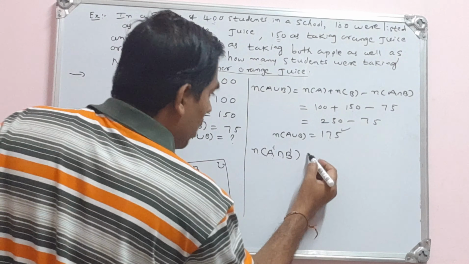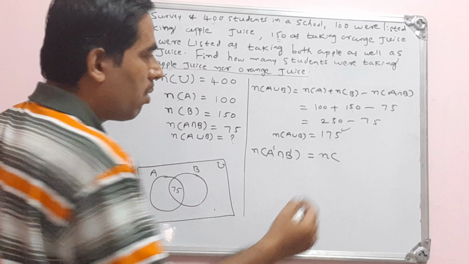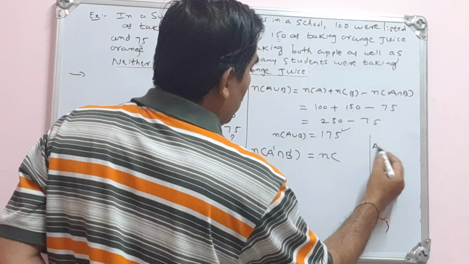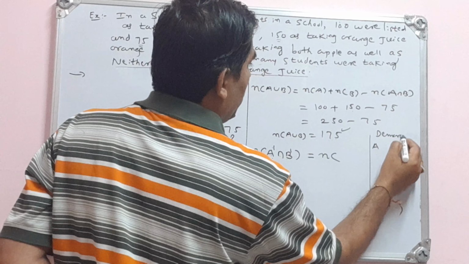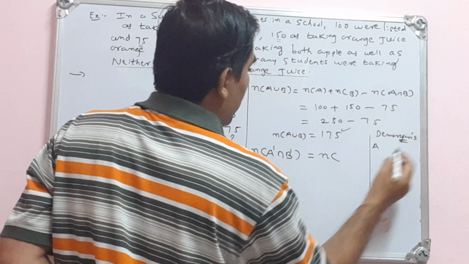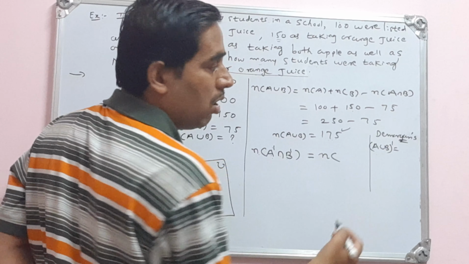both. So this can be written as, see here, A dash union B dash. We know, in our previous class we worked out De Morgan's laws. We have verified one example also. So what does De Morgan's law say? There are two De Morgan's laws.